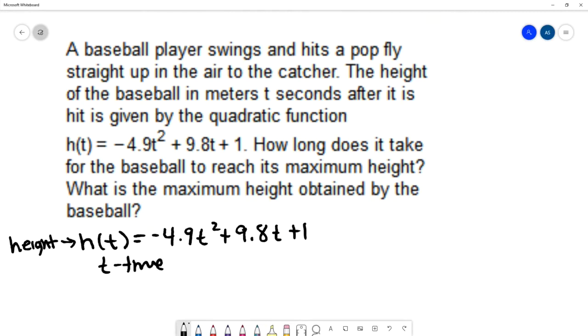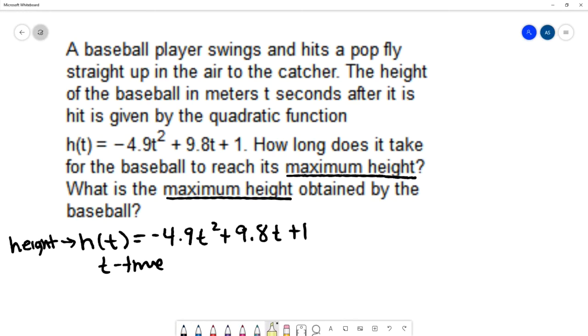So if we substitute in some time t and work out this formula, it's going to tell me the height at that time. That's what this formula does. Now our goal in this question is to find the maximum height. We want to find the maximum height.